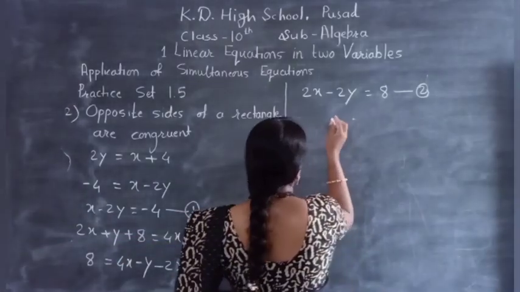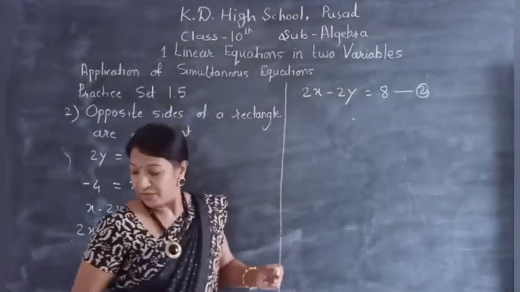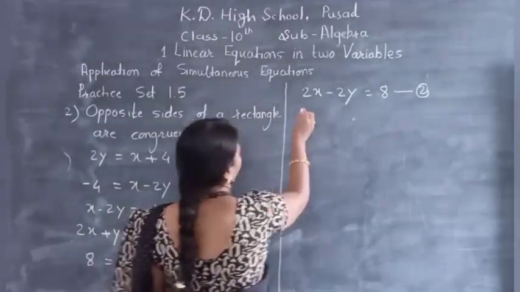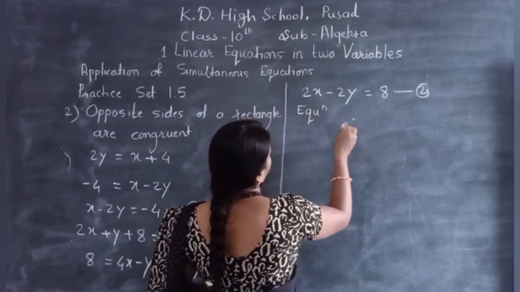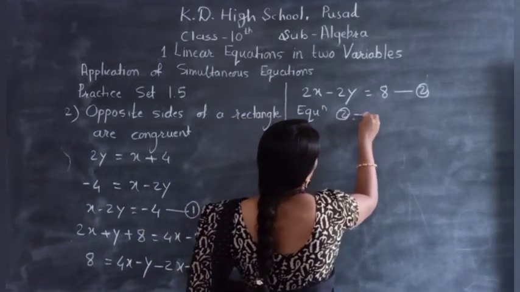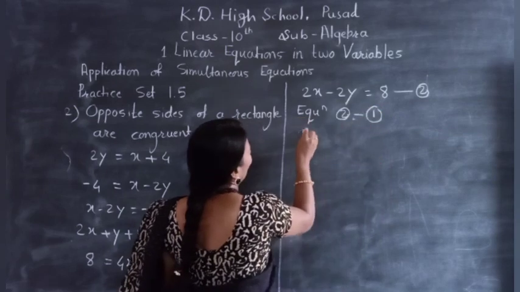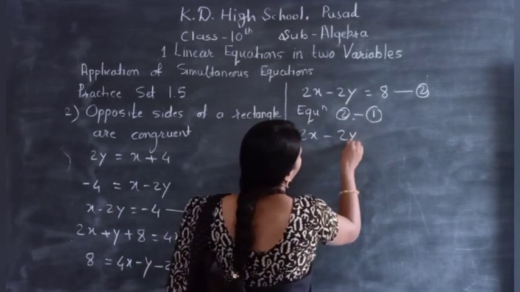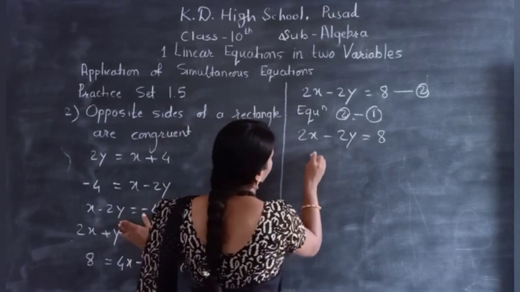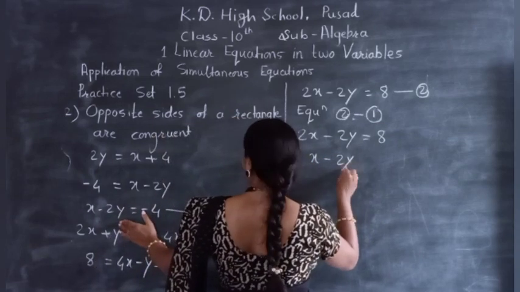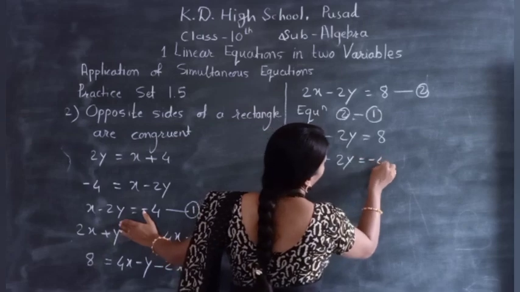Equation 2 minus equation 1. What do we get? 2x minus 2y is equal to 8, and our first equation, x minus 2y is equal to negative 4.